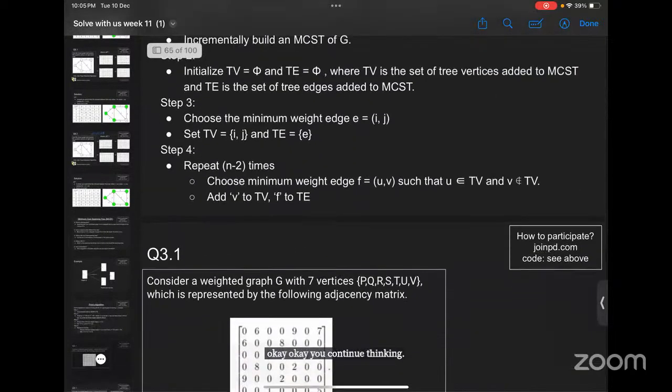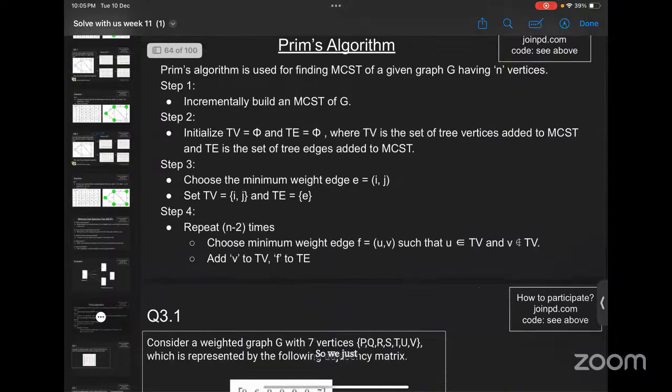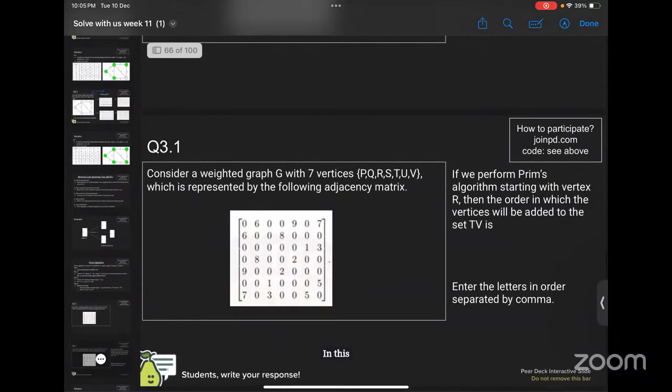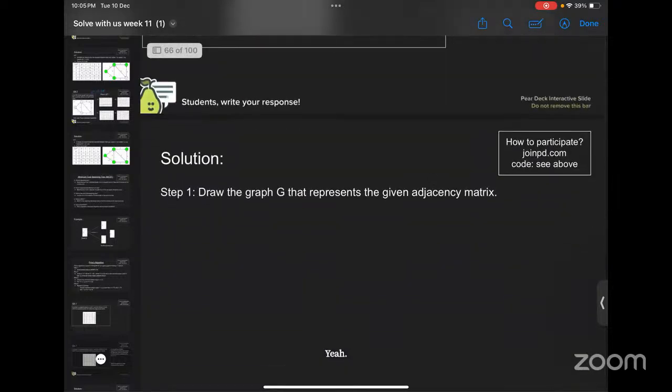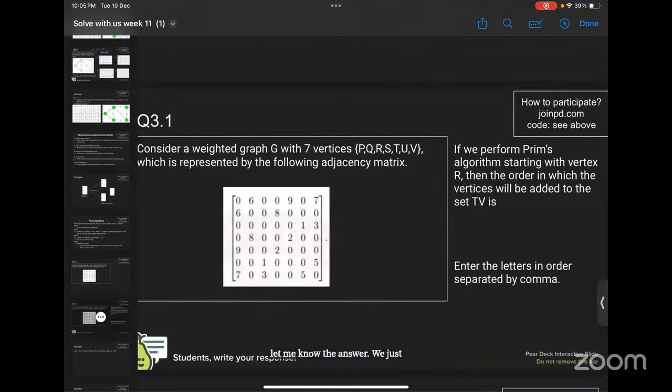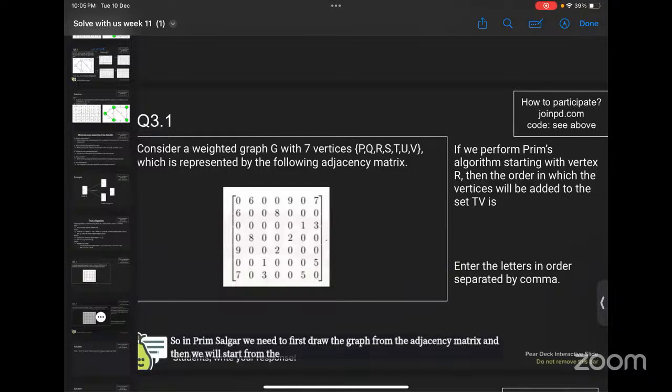So we just learned about Prim's algorithm. In this problem we have to use Prim's algorithm. Let me know the answer. We just learned about Prim's algorithm, right? So you have the question and let me know the answer. In Prim's algorithm, we first draw the graph from the adjacency matrix, and then we start from the vertex with the least weight, right?